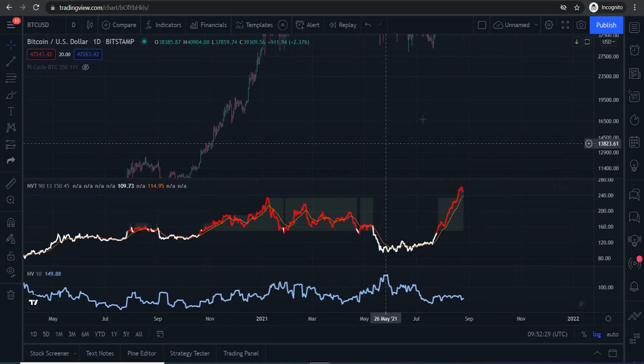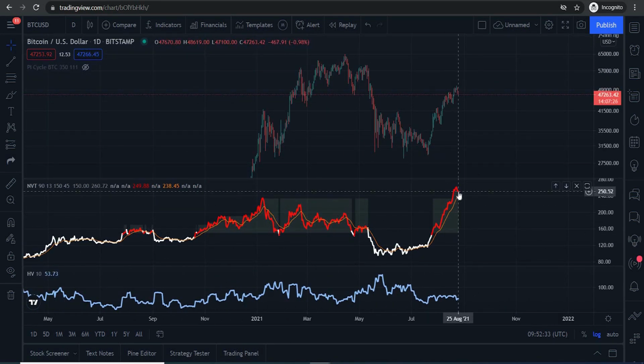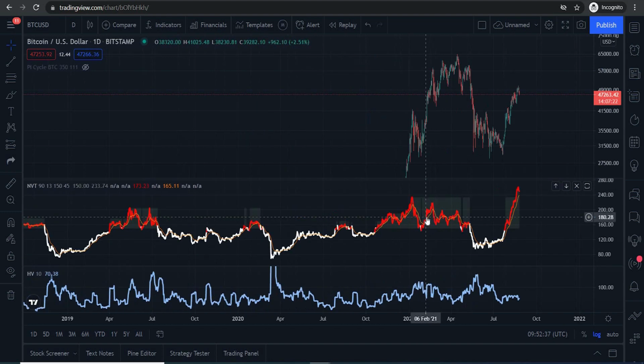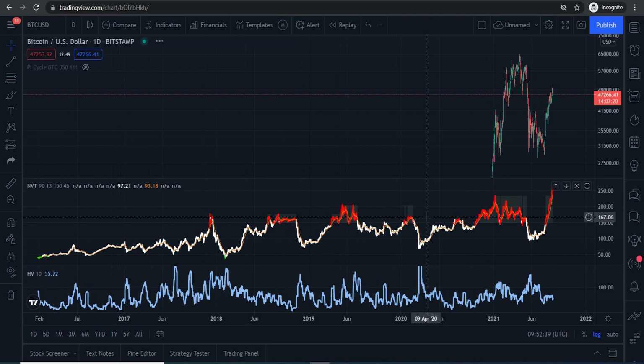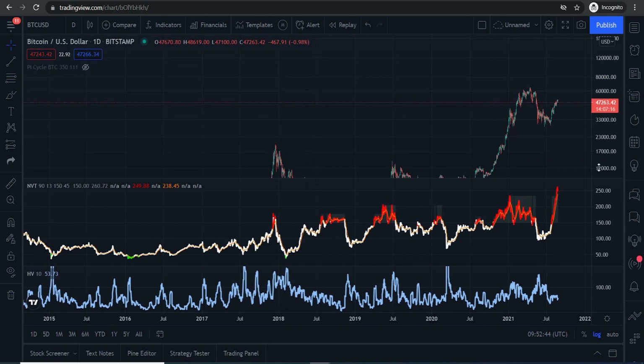And if we look forward to today, we are seeing the NVT at its highest it's ever been. I've never seen the NVT this high before, ever in its history, come to think of it. Let's just zoom in on the Bitcoin price.